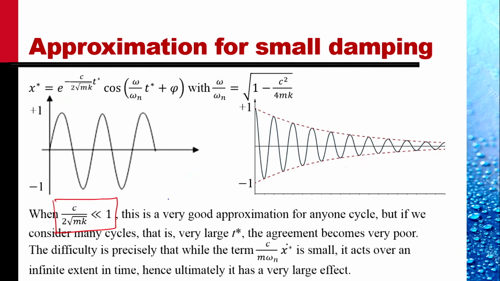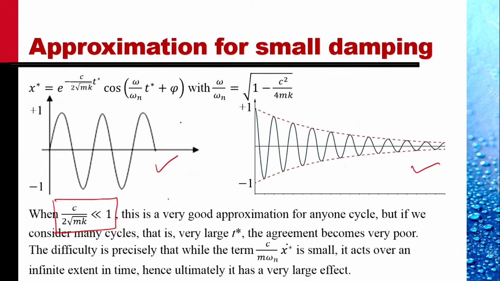this approximation, simple harmonic motion, is a very good approximation for any one cycle. But if we consider many cycles, that is for very large t star, the agreements become very poor.